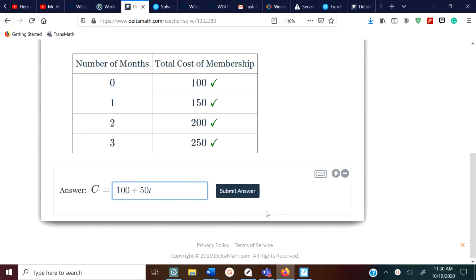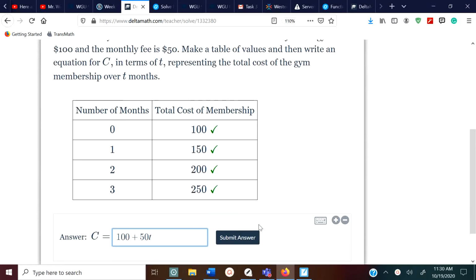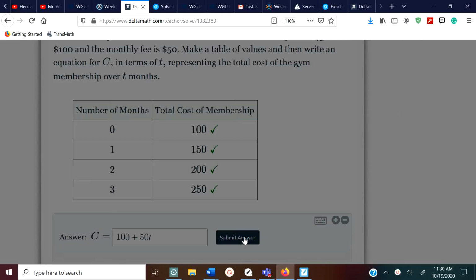And that's your equation. So let's say it was 10 months. You'll do 10 times 50 and then add 100. Let's say it was 7 months. You'll do 7 times 50, then add 100. And that'll tell you the answer for the total cost of membership up to that number of months. So that's all we're doing on this. We're putting in this table and then writing the equation at the end.